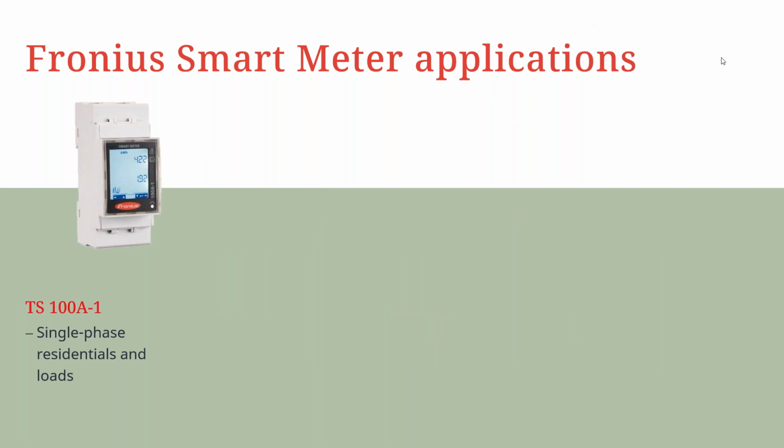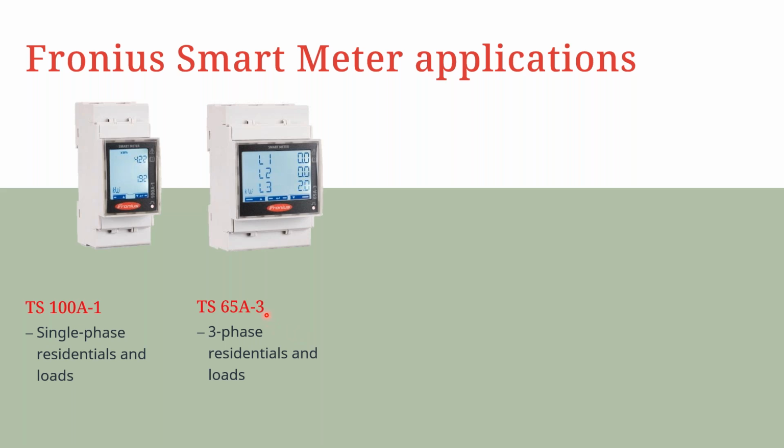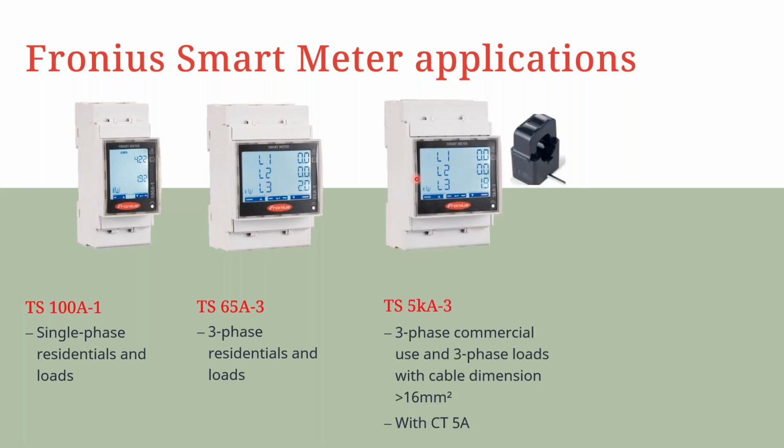In terms of where these smart meters can be used, we have the application of the Fronius smart meter single phase 100 amps for residential kind of applications, similar to the 3-phase 65 amp smart meter. This is something that is engineered for residential application.